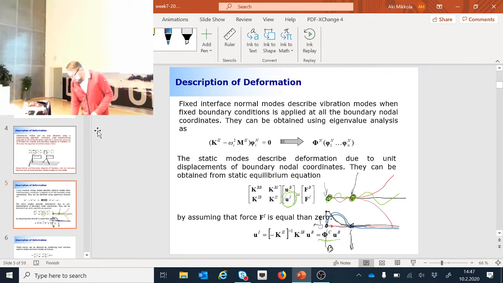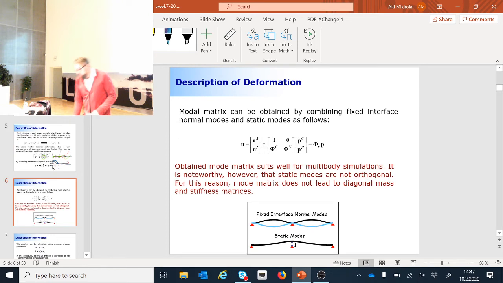So now, let's just do the assembly. I will take my modes that are coming from my eigenvalue analysis, it's going to be this one, and the ones that are coming from that static computation, that's going to be here. And then I'm combining everything into one big package.